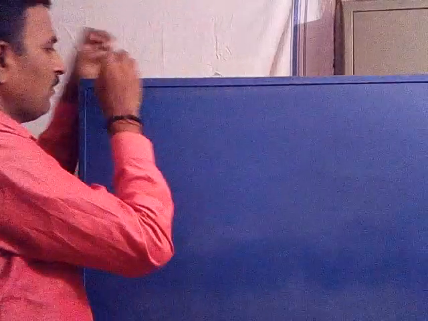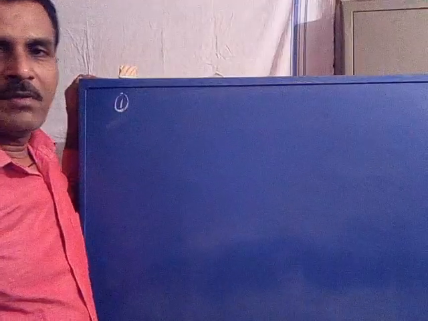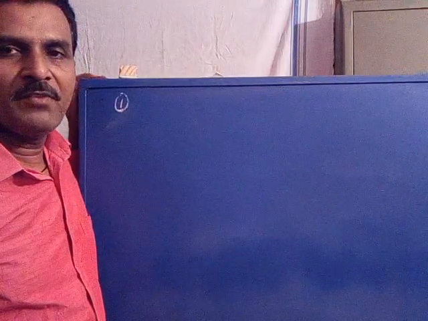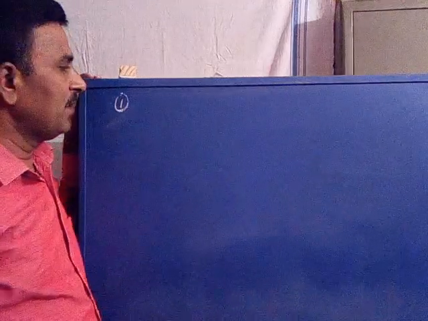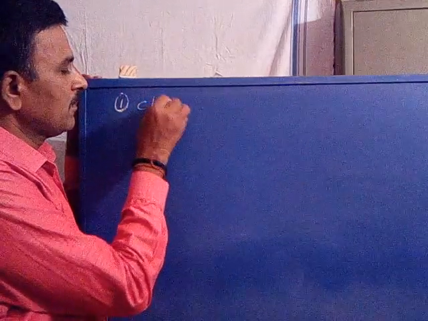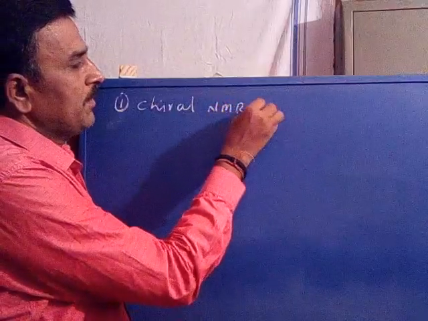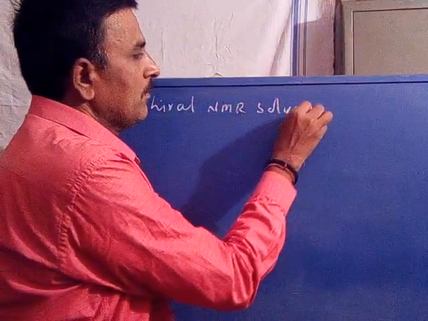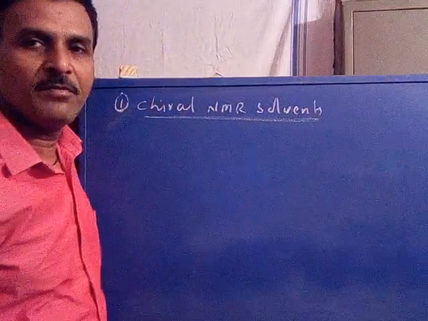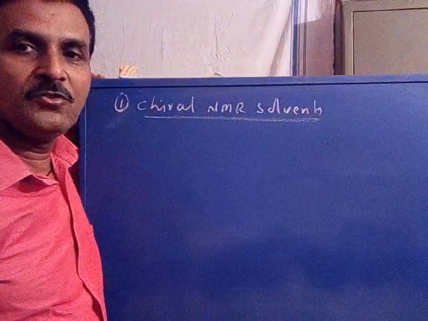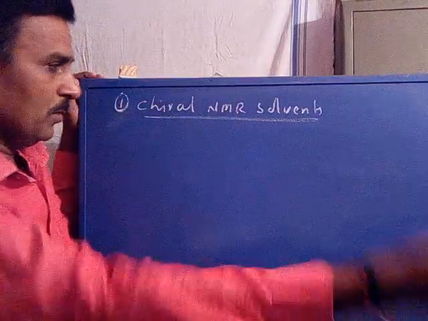Now, number one, discrimination of enantiomers using chiral NMR solvent. Discrimination of the isomers of an enantiomeric pair using chiral NMR solvents.